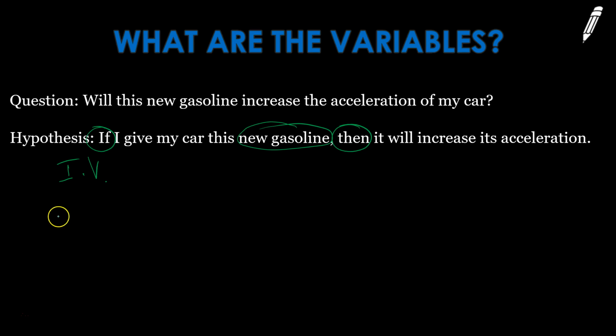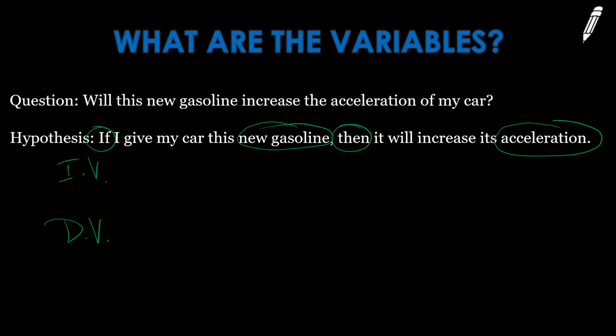To identify the dependent variable, I ask myself, what am I going to observe or measure as the outcome? Well, in this case, I'm going to be measuring the acceleration. So this would be the dependent variable. I'm trying to see, does acceleration depend on the gasoline I use?